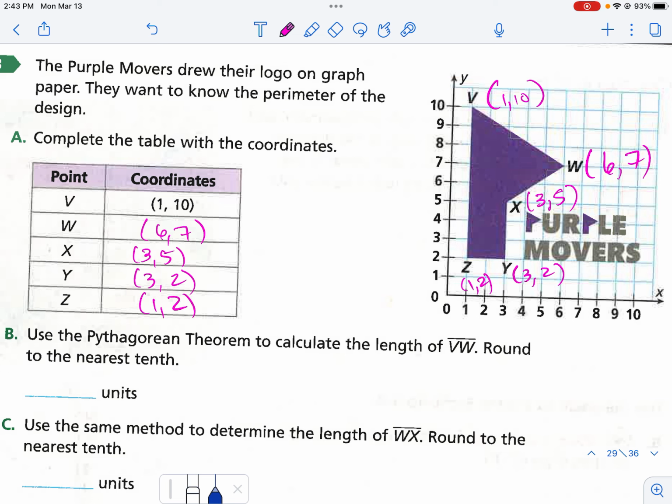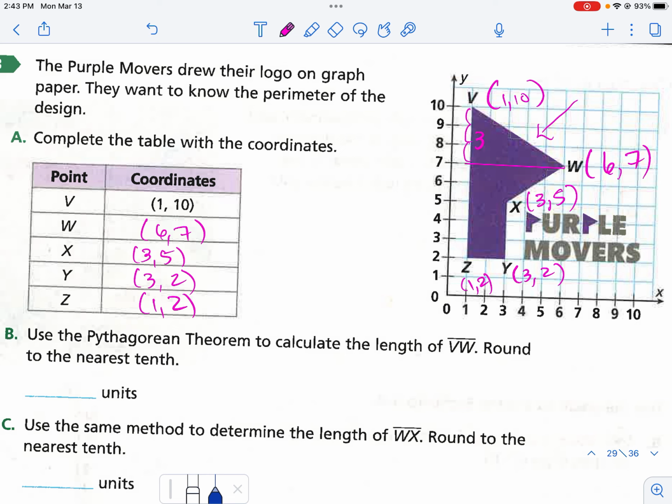Use the Pythagorean theorem to calculate the length of VW. Okay, so I want to find how long VW is. So I need to make a right triangle in order to do that. So I'm going to make a right triangle here. Okay, so how long is this side? It's 1, 2, 3 over here.